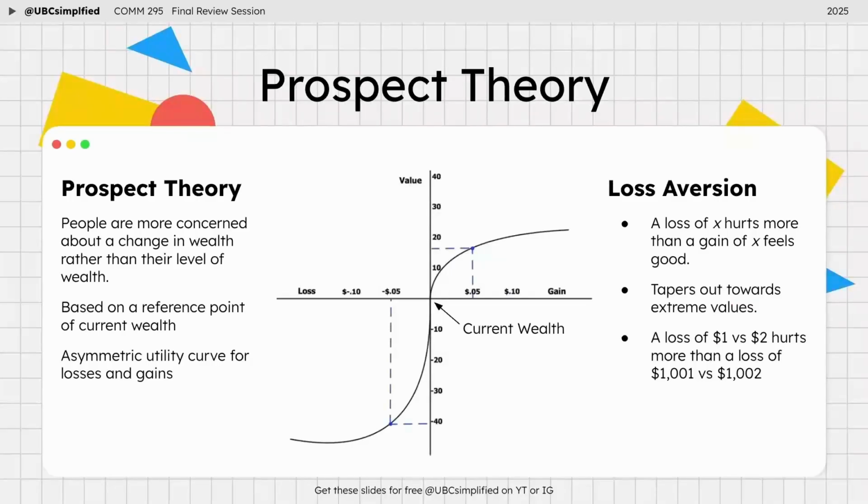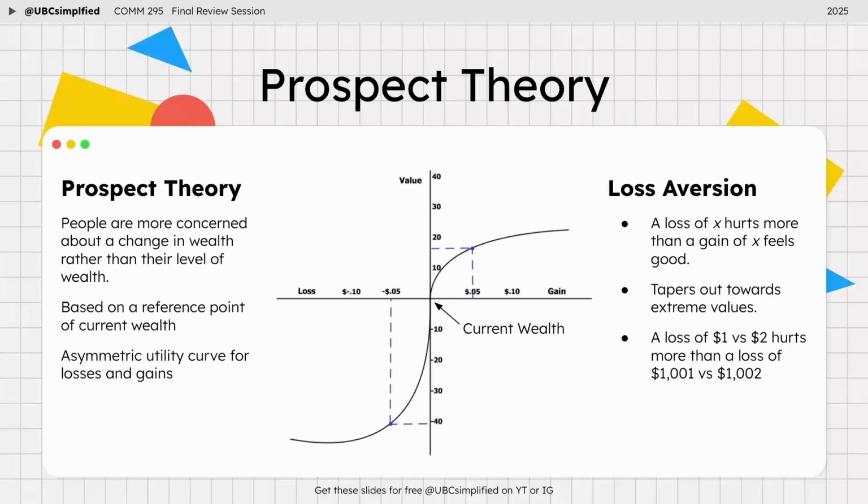And then similar to framing is prospect theory, which basically says that $1 and $2 is a bigger difference than $1,001 and $1,002. So you have this reference point. Here we have gains on the top and losses on the bottom left. And you see how the curves flatten out.